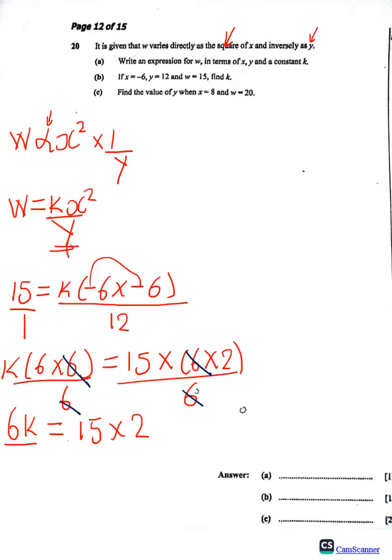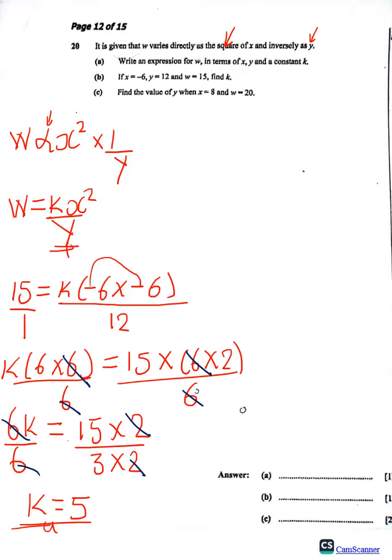So 6 over 6 is also the same as 3 times 2, so that when I cancel this, we can see that now it's very easy for us to divide 3 into 15. So 3 into 15 is 5. So k is equal to 5.